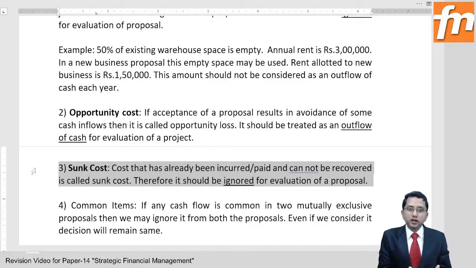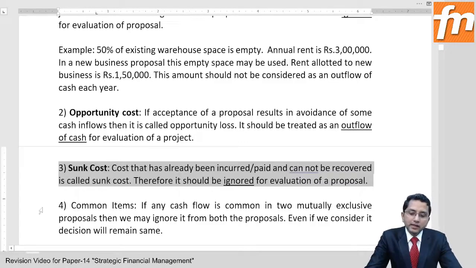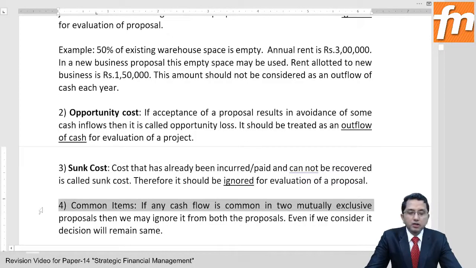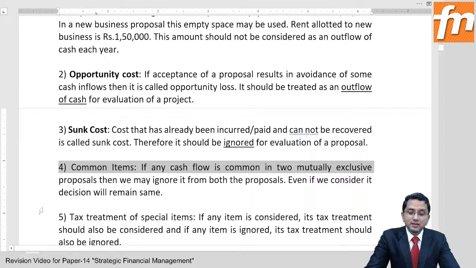Even if you don't start the production, there is no alternative use of this research discovery. Whether you start production and selling the drug or you don't do anything, in either case this amount is already spent. It cannot be recovered in any other way. This is called sunk cost. Even if you reject the proposal, this cost has already occurred. Even if you accept the proposal, this cost has already occurred. So there is no difference whether you accept or reject the proposal. Hence, you should ignore this cash flow.